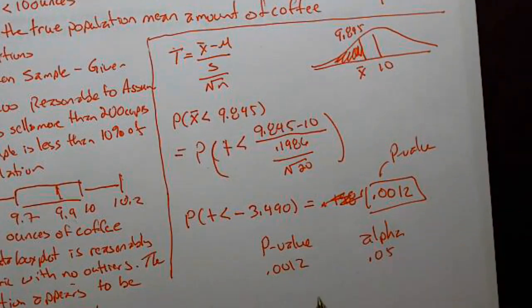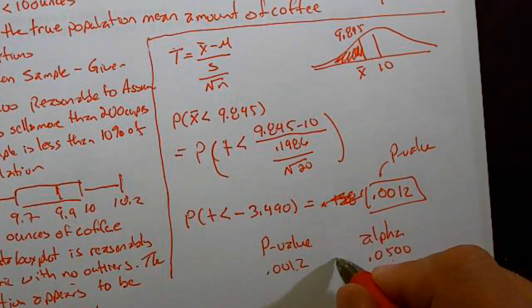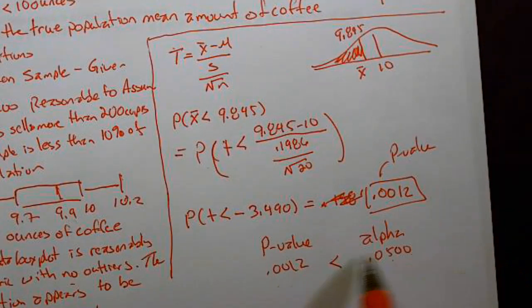You're in the middle of a test and you're rushing. Make these the same length. I know you know how to do decimals, but this needs to be 4 places. Well, 500 is definitely greater than 12, so my p-value is less than alpha. So our decision is to reject the null. That's our decision.